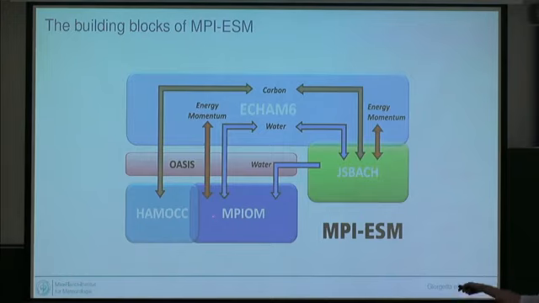Then we have an ocean model, the Max-Planck-Institut ocean model. And these two exchange water, energy, and momentum. Then we have a model representing the land, JSBACH, which exchanges water, carbon, energy, and momentum with the atmosphere, and water with the ocean model. And then in the ocean model, we have a biogeochemistry component, which exchanges carbon with the atmosphere.